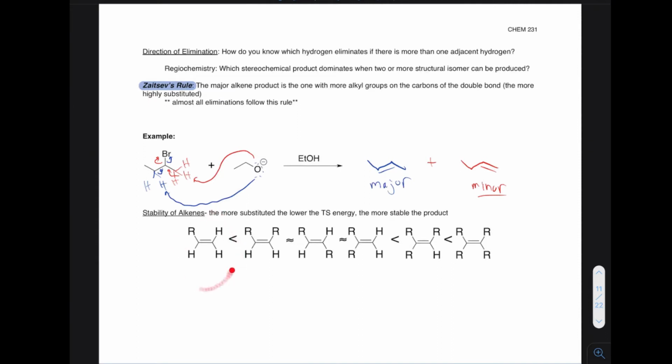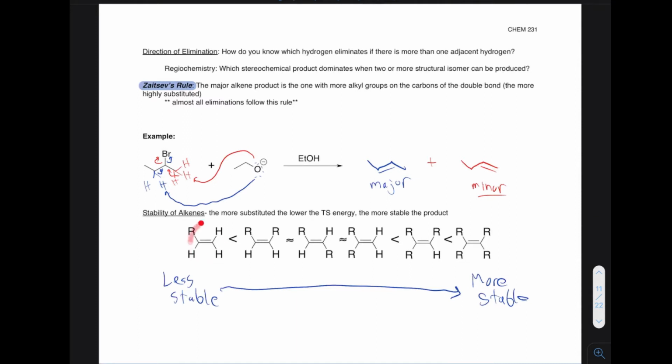As we can see here, right, with R being just any group, any number of carbons, we have the mono-substituted product way at the end here, right, less stable, and then the tetra-substituted product at the right end, and that is the most stable product.